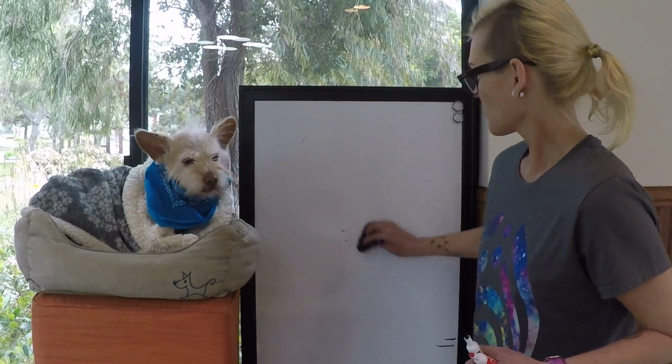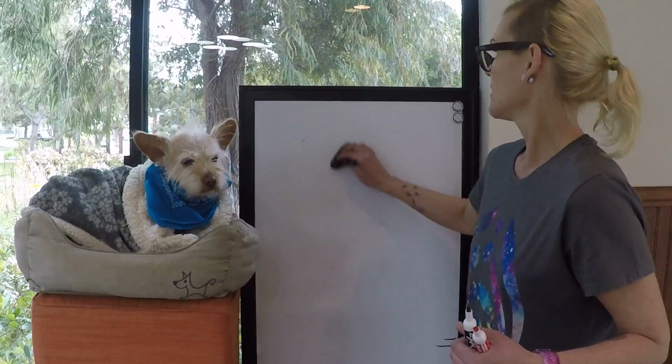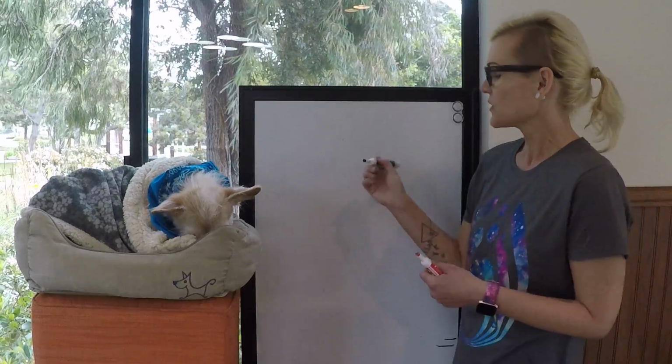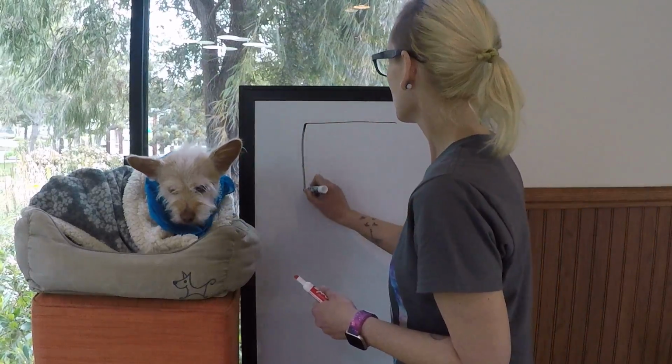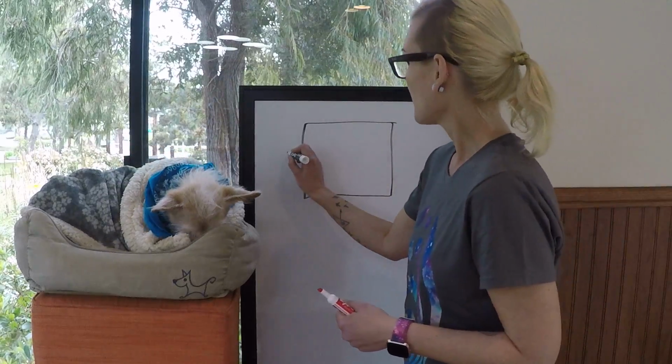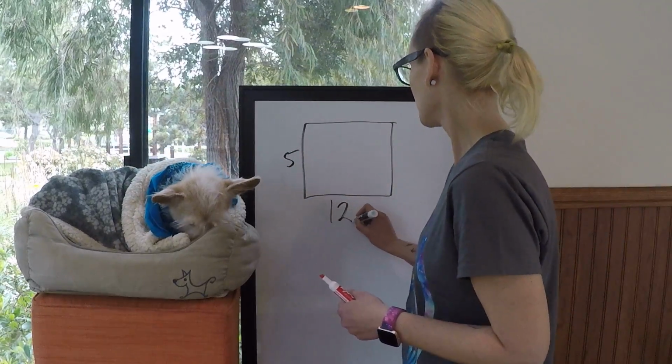So before we talk about equations and variables and letters, let's first consider a problem that we have done before. Let's consider this rectangle, and let's put dimensions 5 by 12.